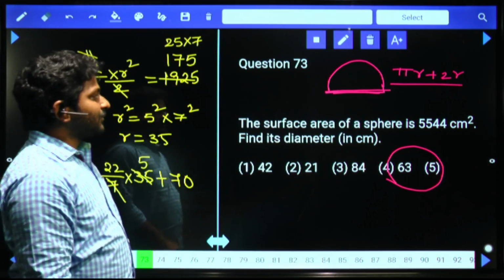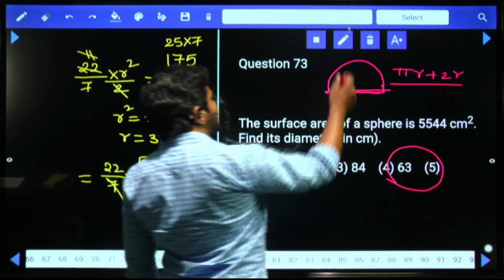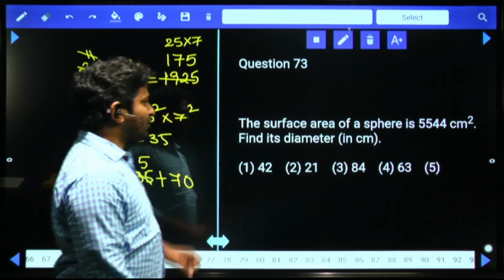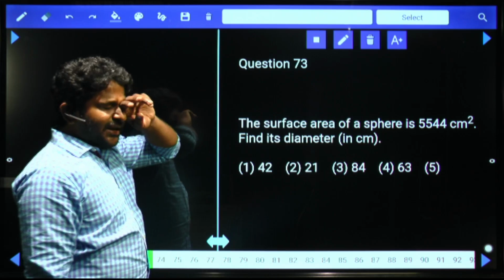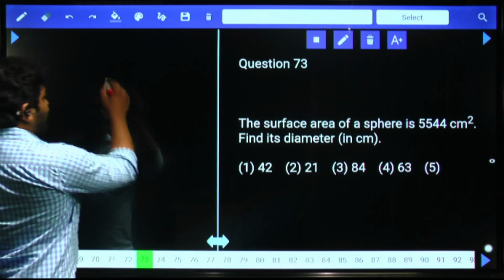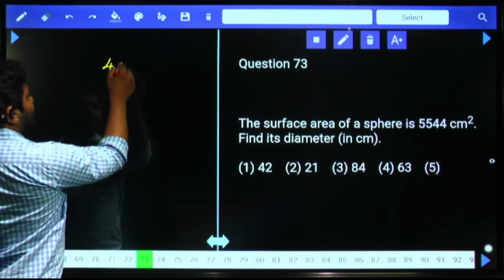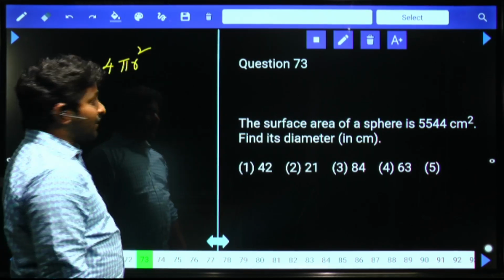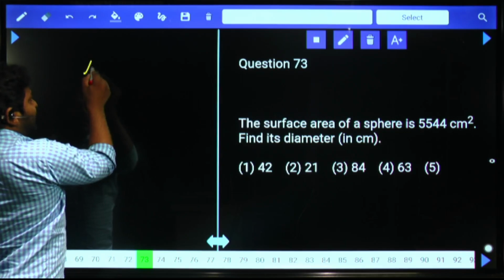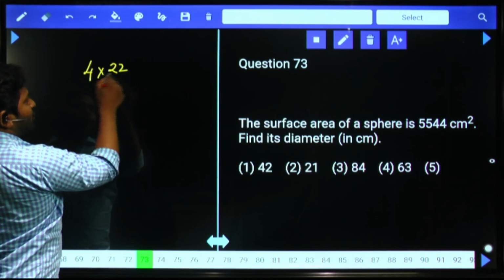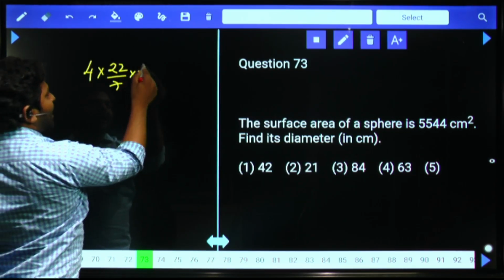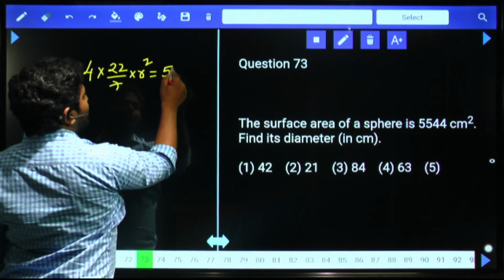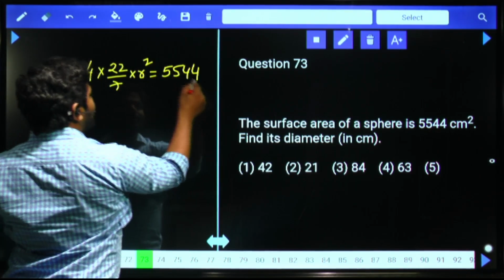Next. The surface area of the sphere is 5544. What is its diameter? Surface area of the sphere is equal to 4 pi r square. Now let me divide that. Pi 22 by 7 into r square is equal to 5544.